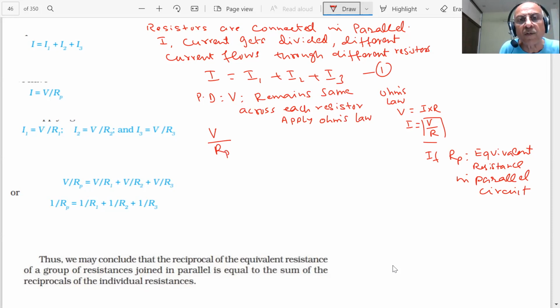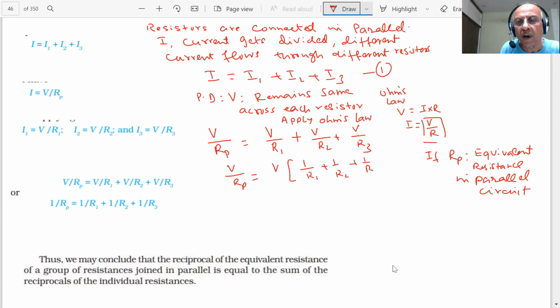This is equal to I1, which is V by R1, V is the same. This V is the same potential difference across all the resistors, plus V by R2 plus V by R3. Or I can write it like this, V by RP, taking V common: V times 1 by R1 plus 1 by R2 plus 1 by R3.